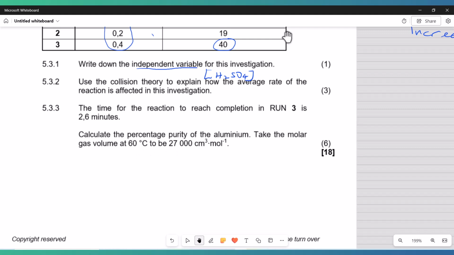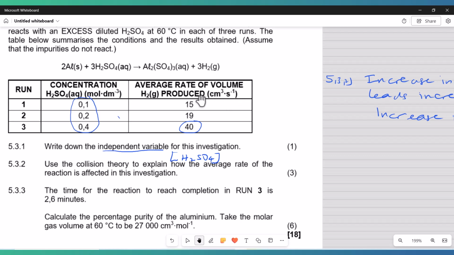Let's check it out again. Now here we have the rate, which is 40. Then we have the concentration, which is 0.4. Now this rate is for the hydrogen gas. Because we have the rate, we can use it to find the volume of hydrogen gas. Then we're going to use the molar volume to get the number of moles. Then you compare with aluminium, and you're going to get the mass of the pure aluminium, because that's what reacted.